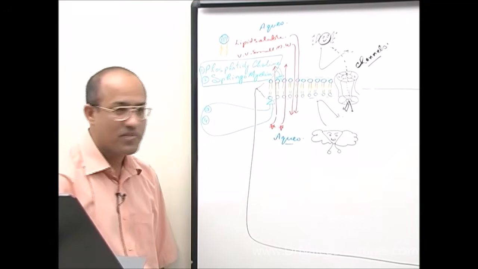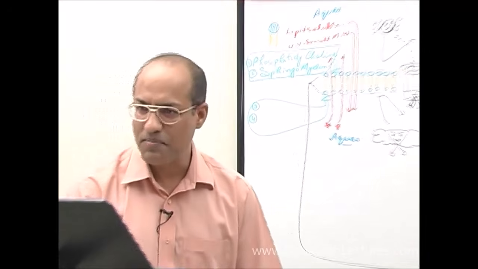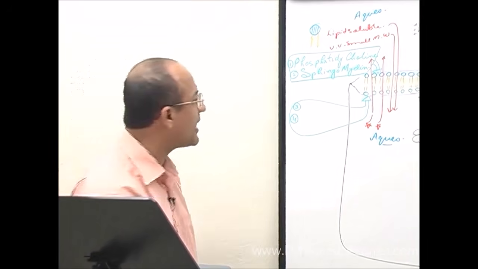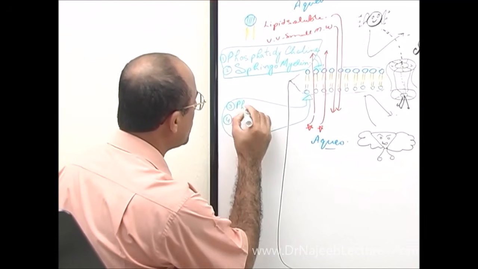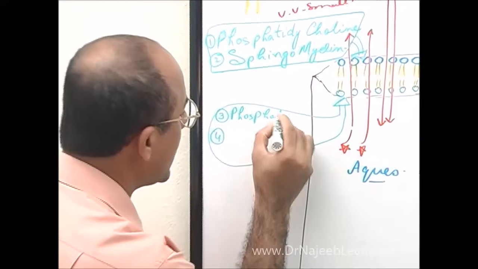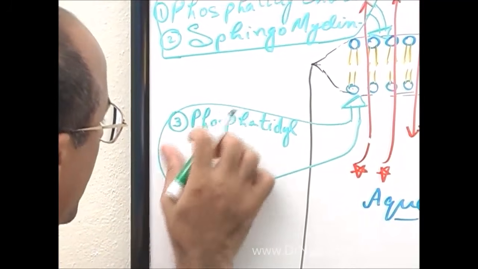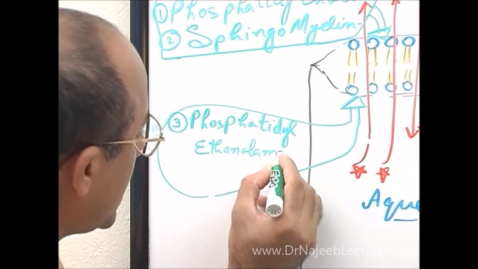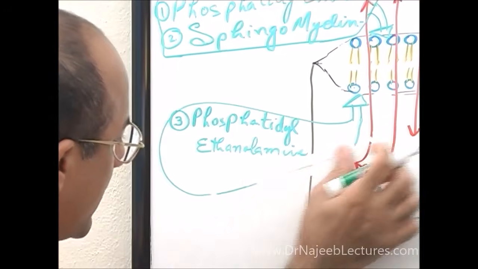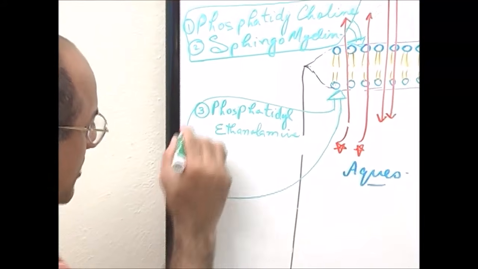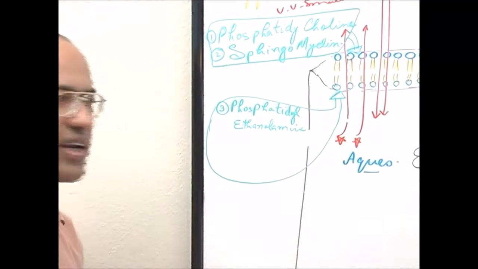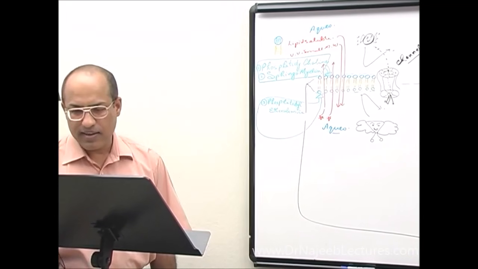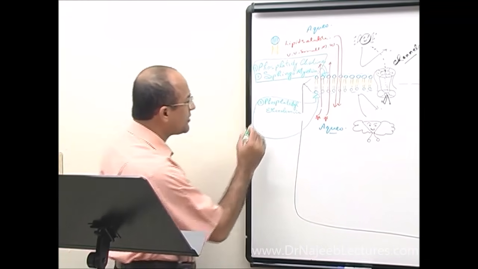So the inner part of the cell membrane has some funny type of phospholipid, phosphatidylethanolamine. Phosphatidyl ethanolamine, right? This is one. And the second type of phospholipid which is abundantly present in the inner leaflet of the cell membrane is called phosphatidylserine.